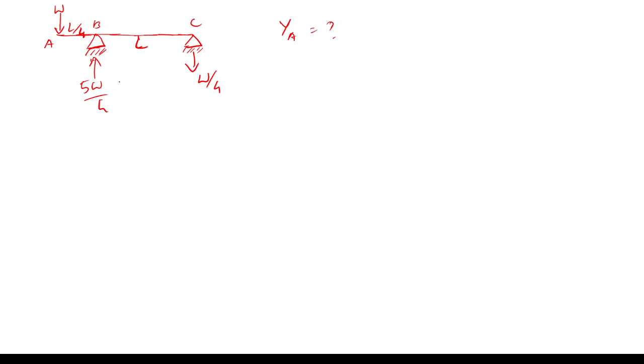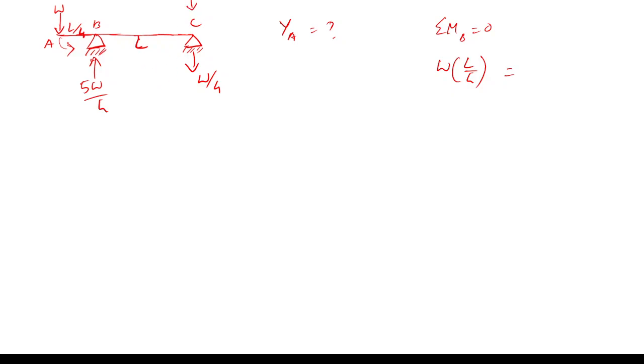So what we will do is take summation of moment about B equals 0, right? So if I take moment about B equals 0, then I will get W into L by 4, which equals, let's assume, this causes a moment in this direction, so this side it should cause a moment in this direction.